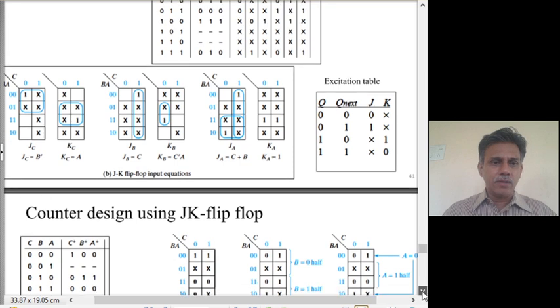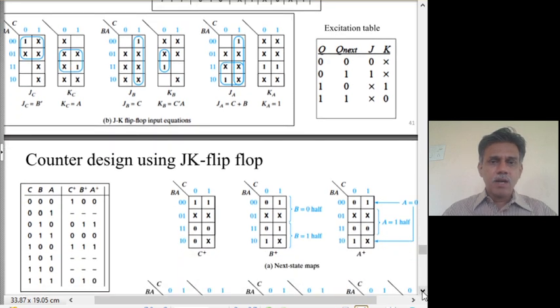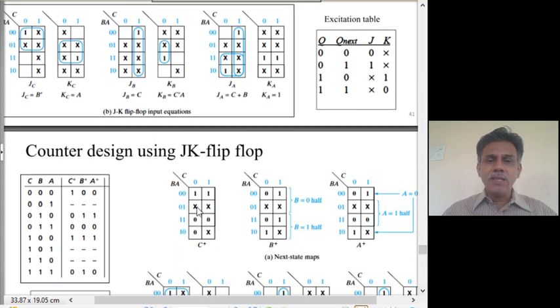So here what we do is, we will have only 3 K maps to begin with. They are for C plus, B plus, A plus. What we are doing is, we are not going to have 6 columns for JA, JB, KB and so on. All 6 columns we will remove.